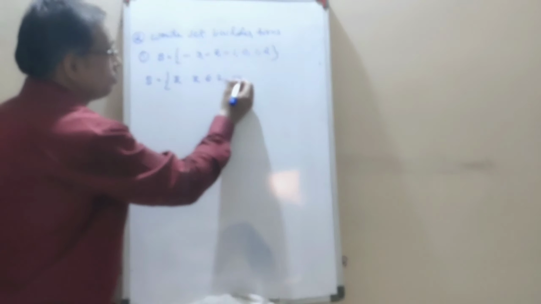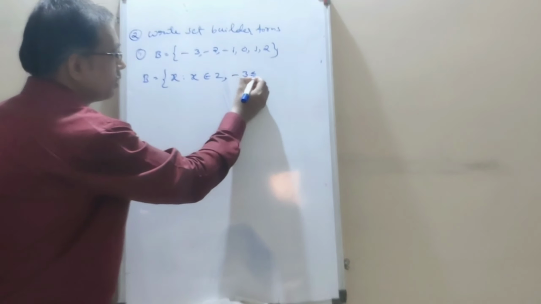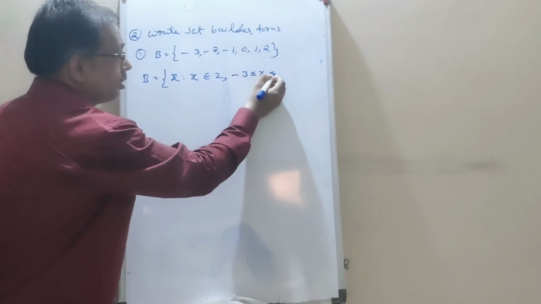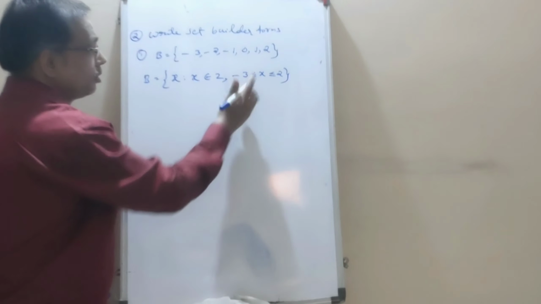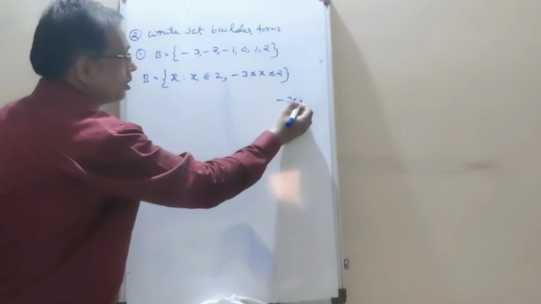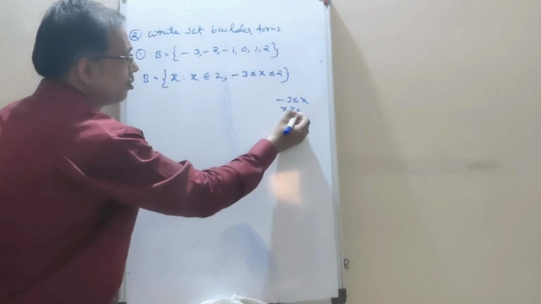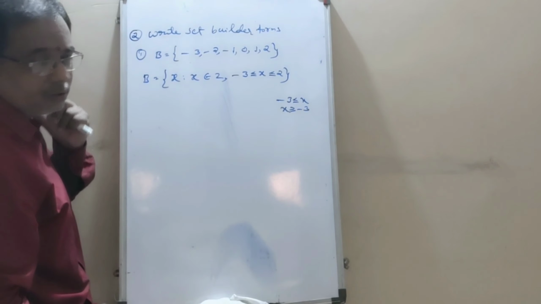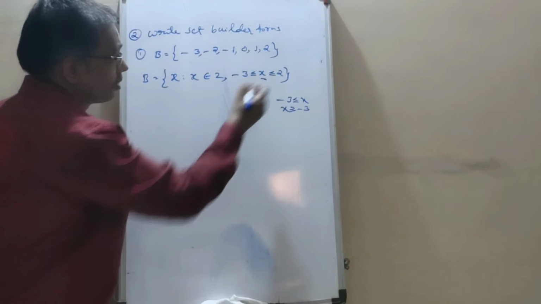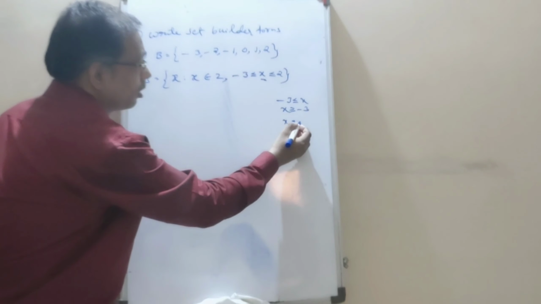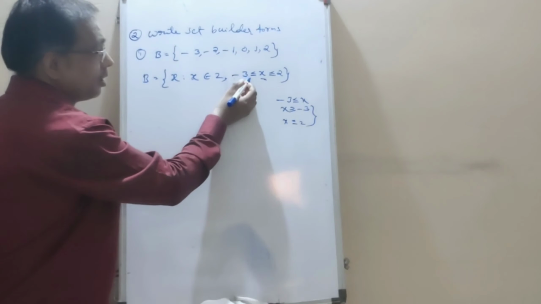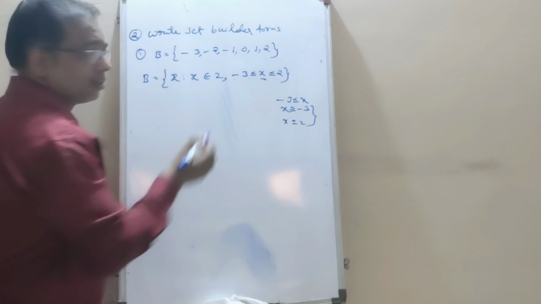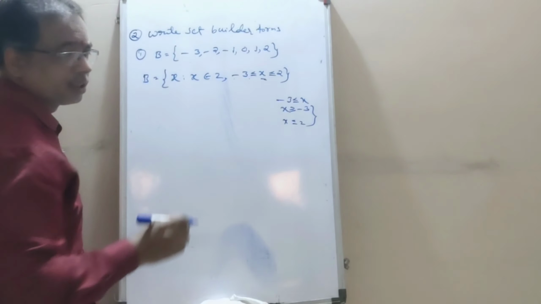In that case we write -3 less than or equal to x less than or equal to 2. By combining the two conditions, x greater than or equal to -3 and x less than or equal to 2, we can write it easily.